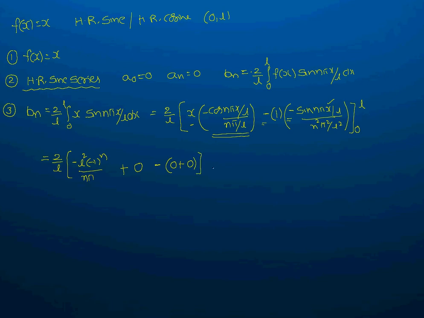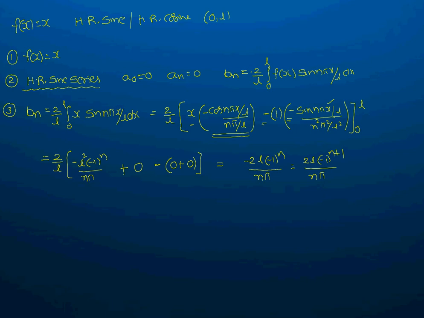So that is nothing but equal to, so minus 2 into L into minus 1 whole power n by n pi. So that is equal to 2L into minus 1 whole power n plus 1 by n pi.